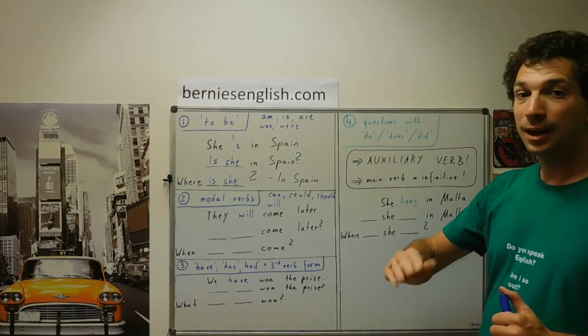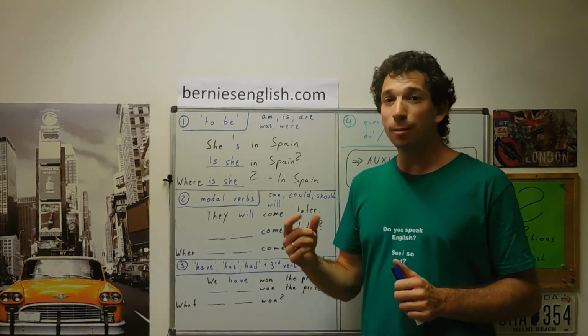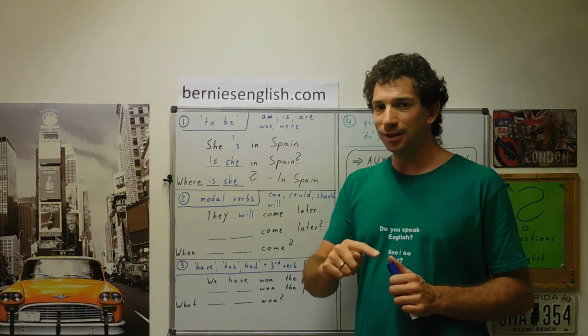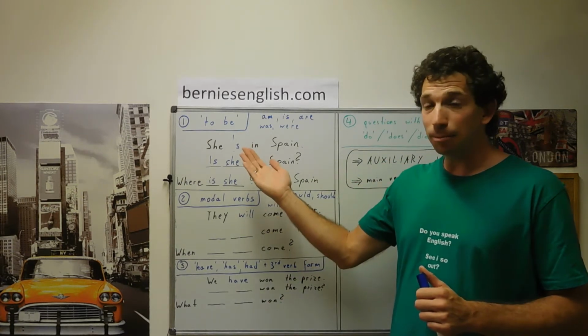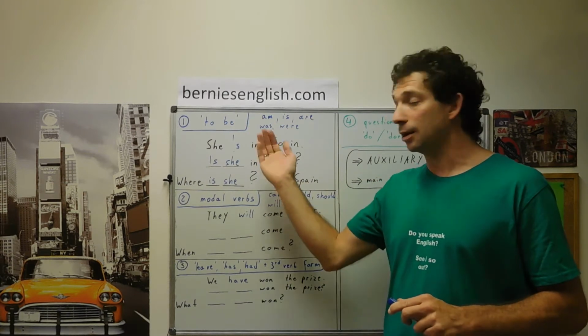Now, if we want to form a question with a modal verb, what we need to do is follow the same steps as for questions with the verb to be.